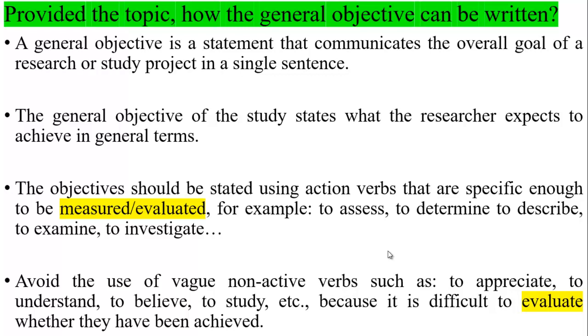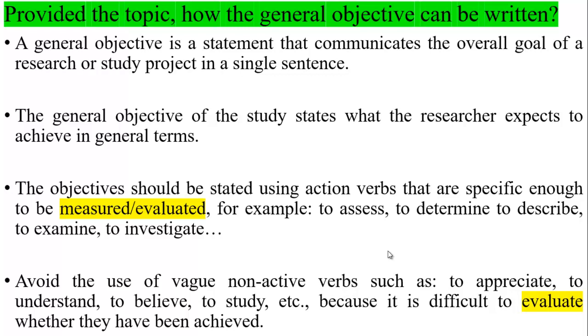We will see in practical terms how to generate the general objective from the topic, but let us first understand what a general objective is all about. A general objective is a statement that communicates the overall goal of a research or study project in a single sentence.